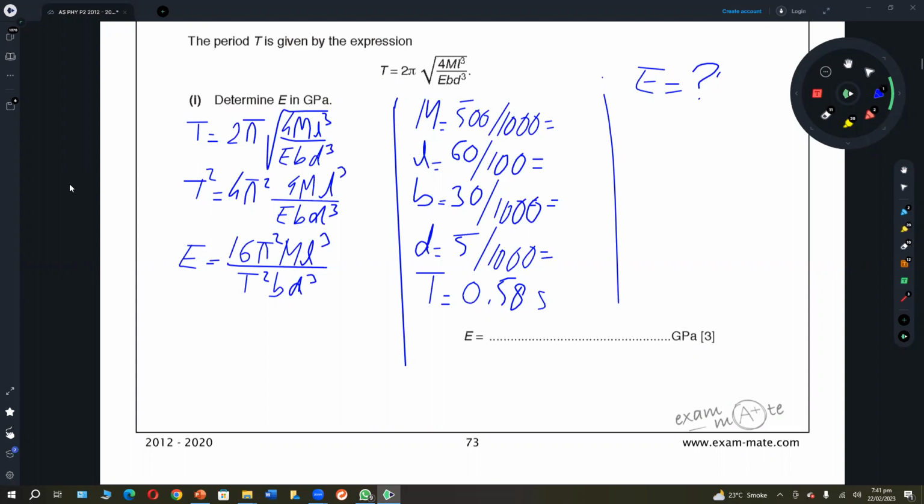Let me know when you get the answer. It is coming as 1.65 at power 10 Pascals, the answer.